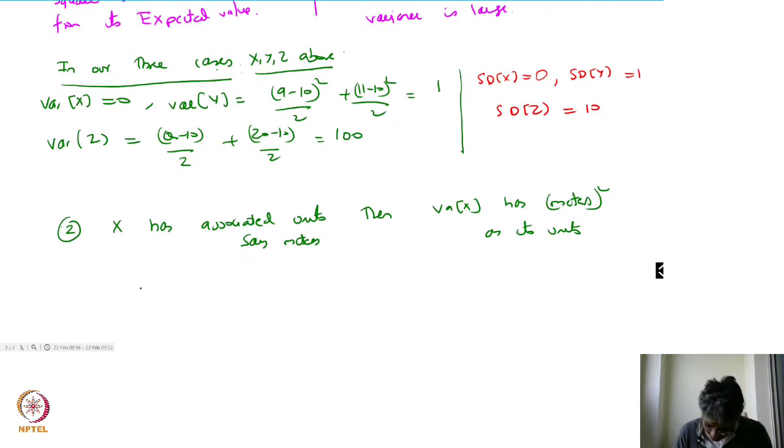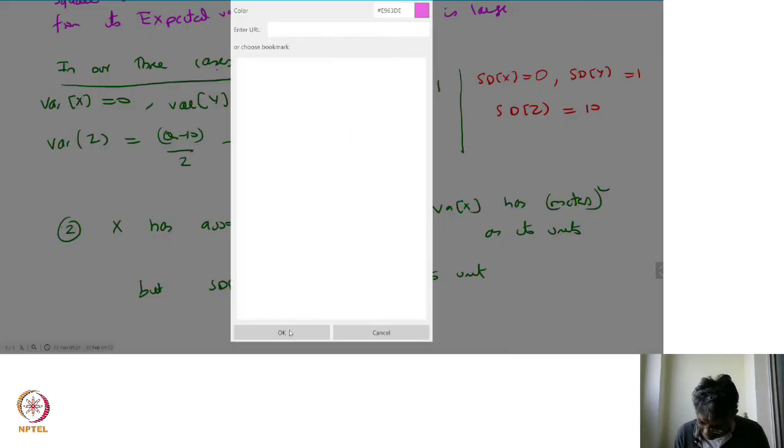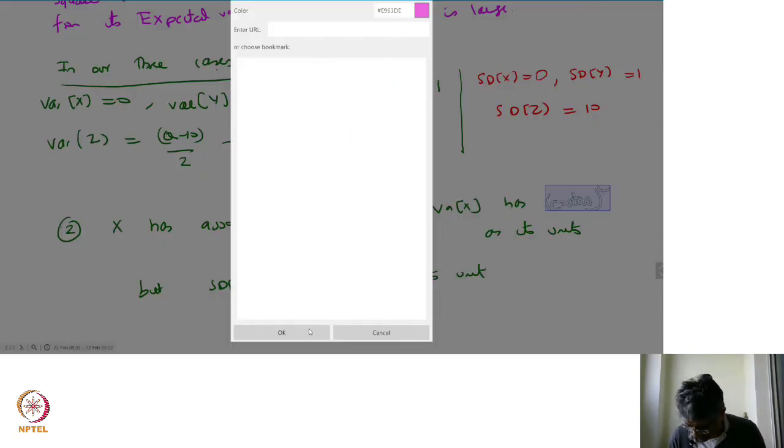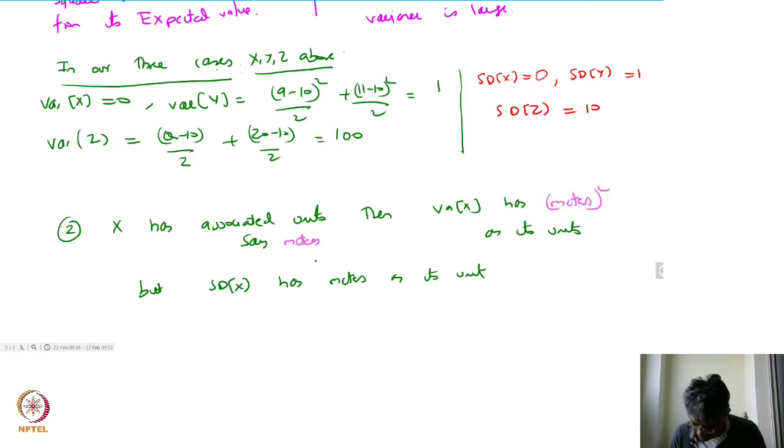But standard deviation of x has the same units as x, so meters. So variance is a good measure of how large the spread is, but standard deviation is what one should use to understand the spread of the random variable, when it's the same units.